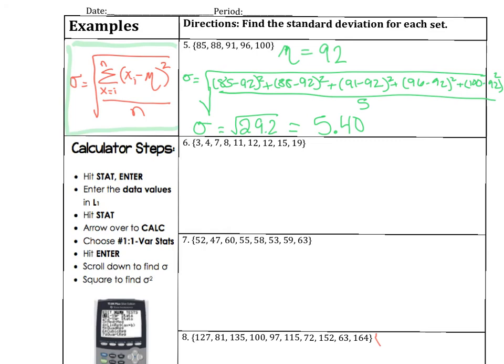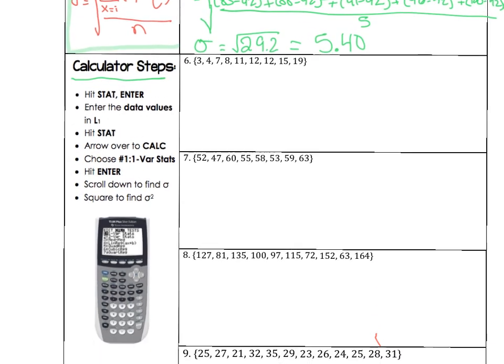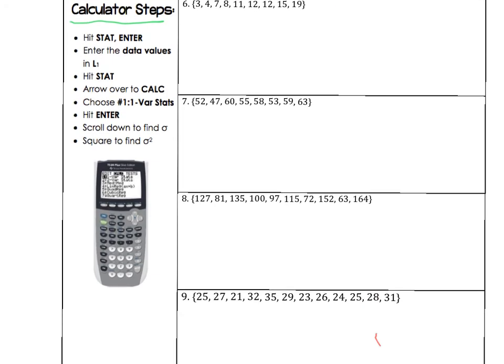Although you do need to know the formula and it is very important, the calculator steps are right on the side here for you to reference as to how to find the mean, the median, and the standard deviation right on your calculator. All you have to do is hit Stat, Enter, and enter your data values as we've used this list before. After you click Stat, go to the right where it says Calc and choose One-Variable Stats. You will see a bunch of information about your data set.